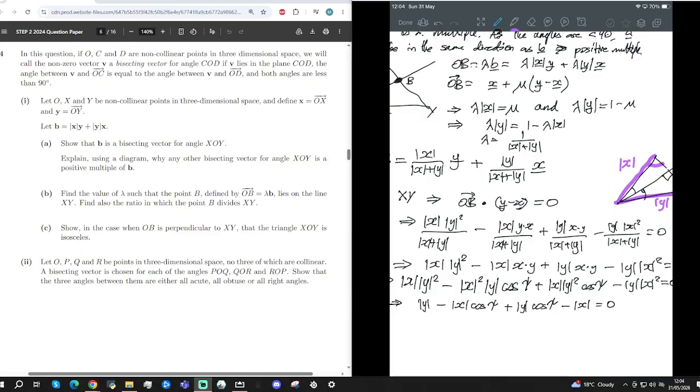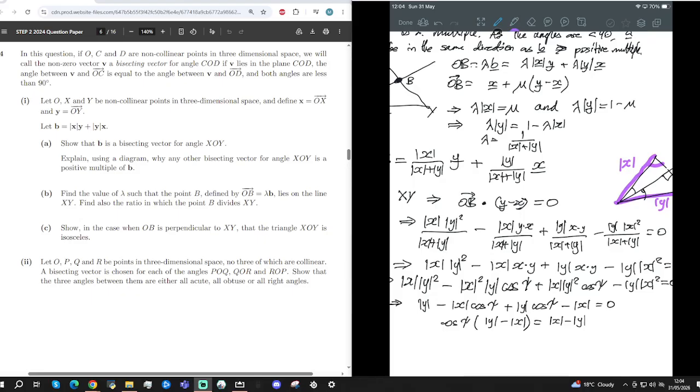Maybe let's do some factorizing and rearranging. That seems like a sensible choice. So on this side, I'm going to keep cos phi, mod y minus mod x equals, and if I throw the other stuff over, that's going to be mod x minus mod phi, mod y.